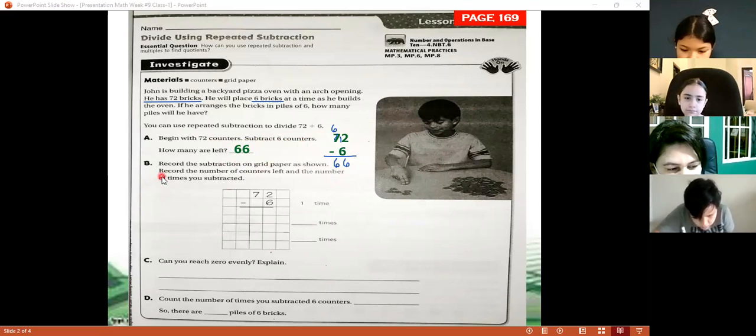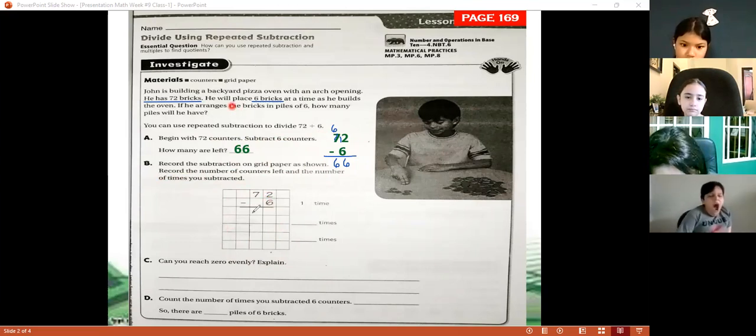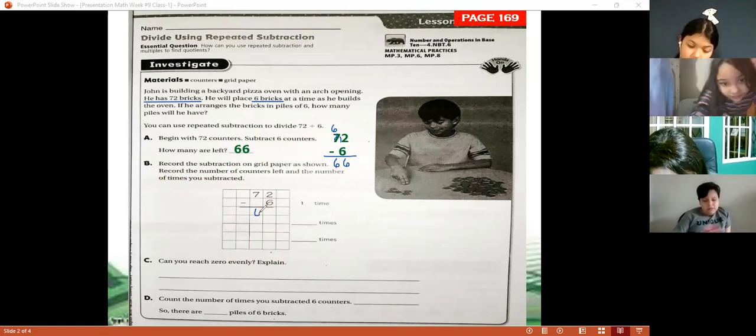Now, step number 2 is letter B. It says record the subtraction on grid paper as shown. Record the number of counters left and the number of times that you subtract. So in other words, we're going to subtract again. 72 minus 6, we know that is 66. We already got the answer. So we say it's 66.